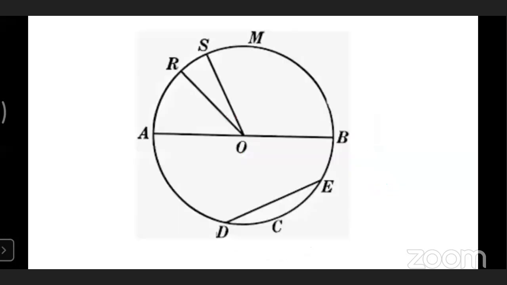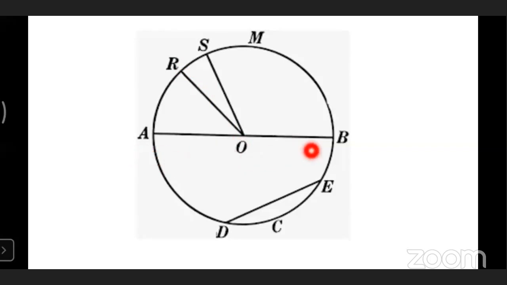Now tell me the radius. First of all, tell me the center. Point O is the center. Very good. Radius: SO. Very good. SO is a radius. Can you tell me the diameter?